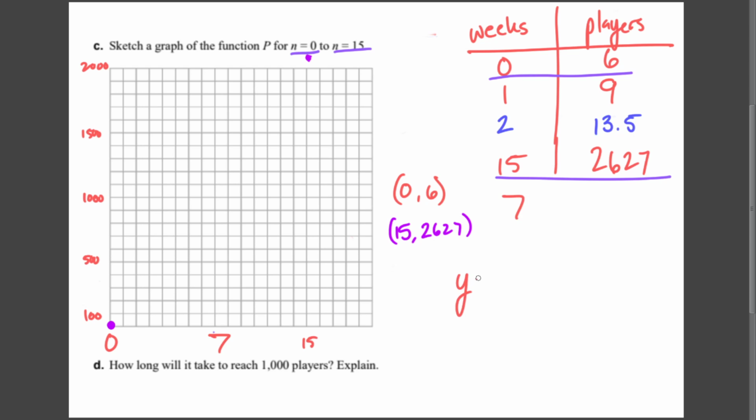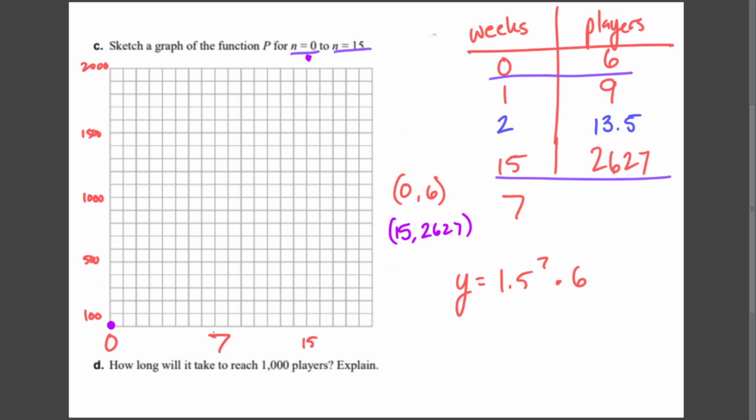So once again, use my equation that we had from beforehand. Y is equal to 1.5 to the power of x multiplied by 6. Replace the x with 7. This is going to be 1.5 raised to the power of 7 this time, and then multiply that by 6, which gives me 102.5.